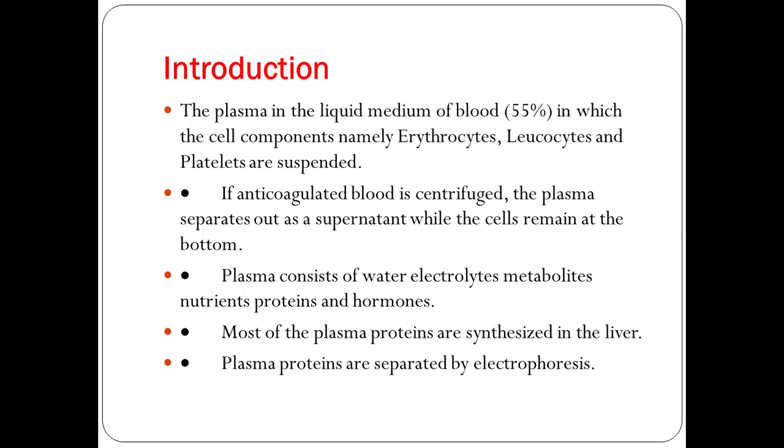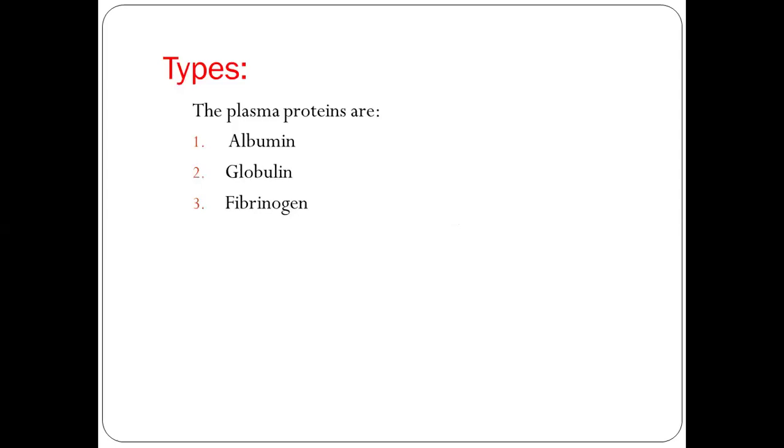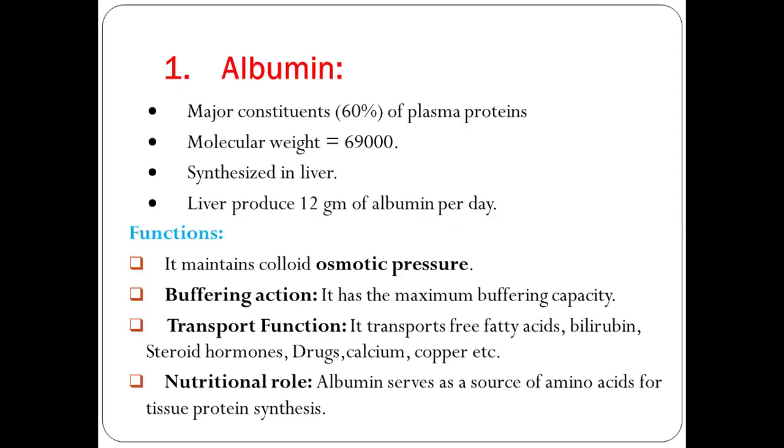In plasma, the main components are protein molecules, and the protein molecules present in the plasma are called plasma proteins. These are the important plasma proteins: albumin, globulin, and fibrinogen. The major one is albumin. So these three are plasma proteins.